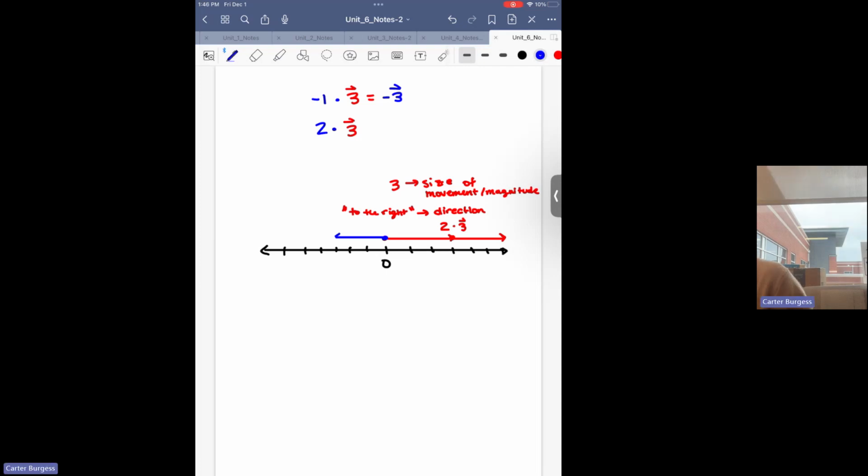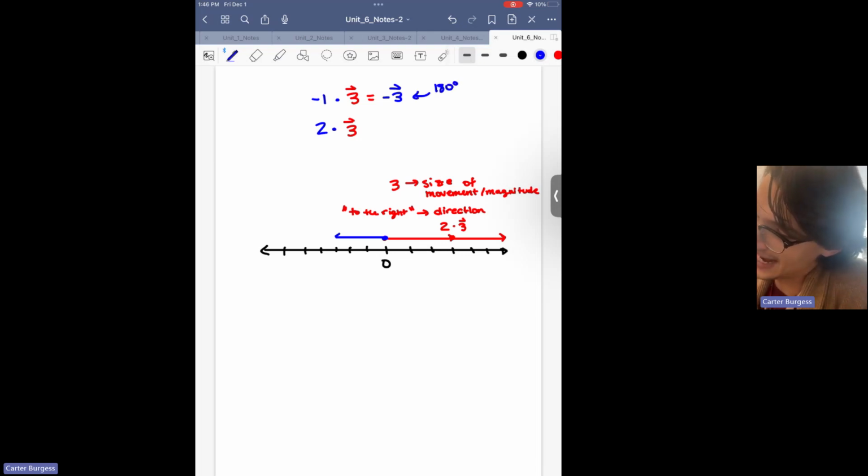So this modification, multiplying by -1, is simply rotating us by 180 degrees. Actually, this is a really good way to think about it. Multiplying by -1 is a 180-degree rotation, or you could think of it as reversing our direction.